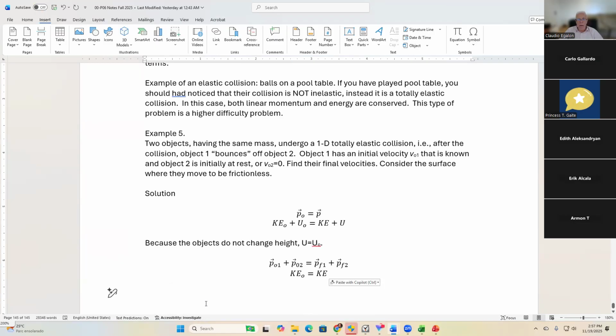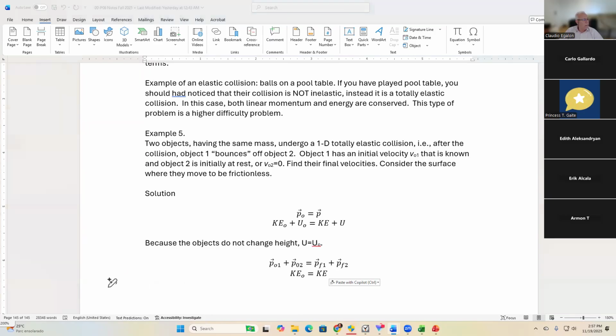The initial momentum is going to be the initial momentum of 1 plus the initial momentum of 2. The final momentum is going to be the final momentum of 1 plus the final momentum of 2. Now you're going to appreciate the fact that this problem is more difficult to solve.